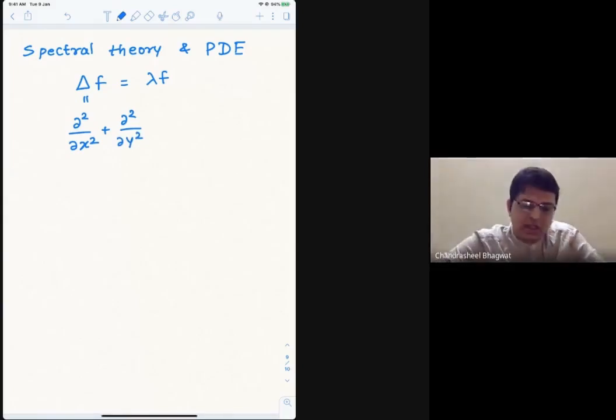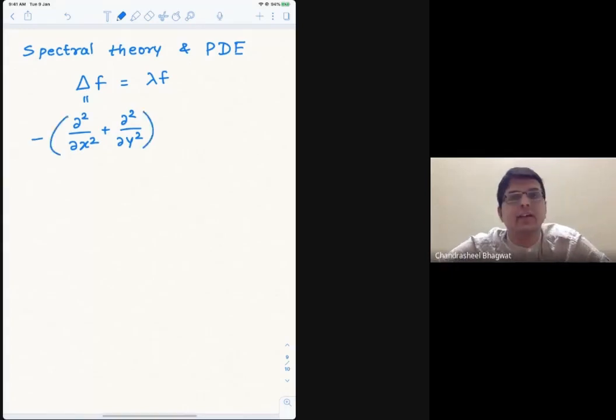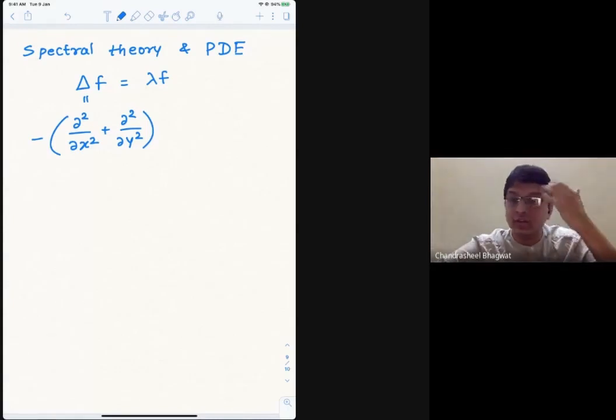In 1 variable, it is just the second derivative. I'm going to put a minus sign here, so that my Laplacian is positive definite. So I'm going to call it minus of this guy.